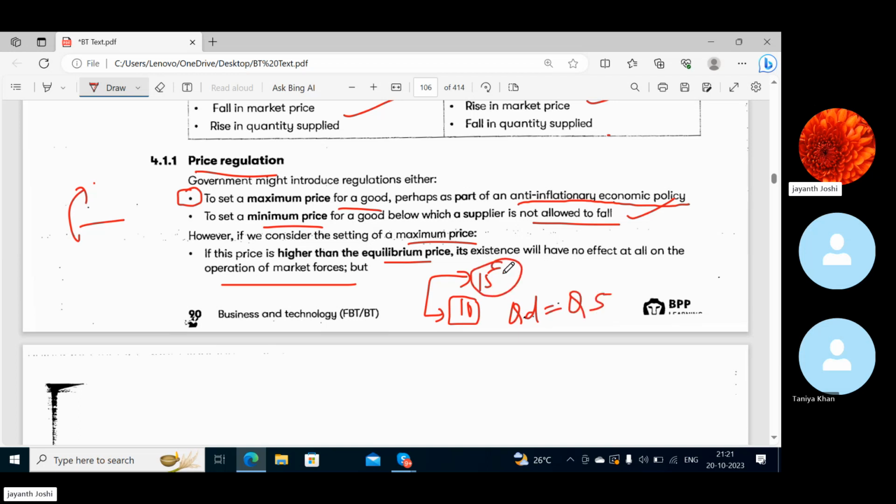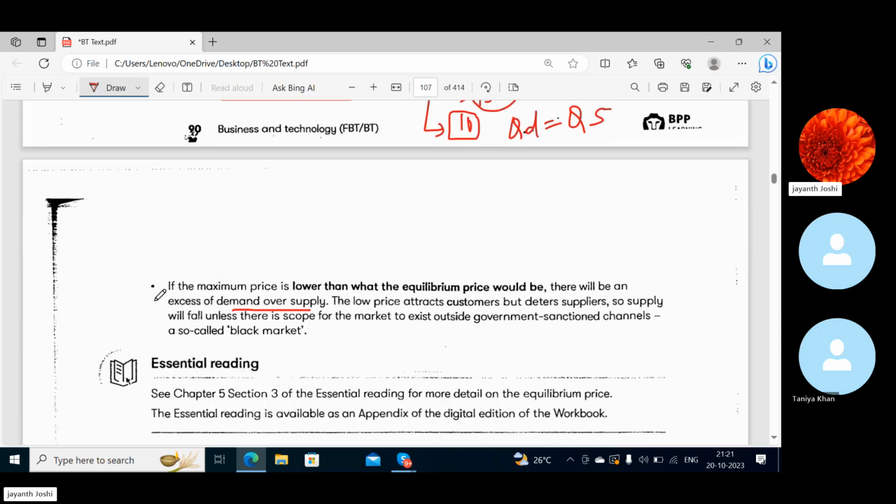But if the maximum price is lower than what the equilibrium price would be, there will be an excess of demand over supply. So the low price attracts customers but deters suppliers.